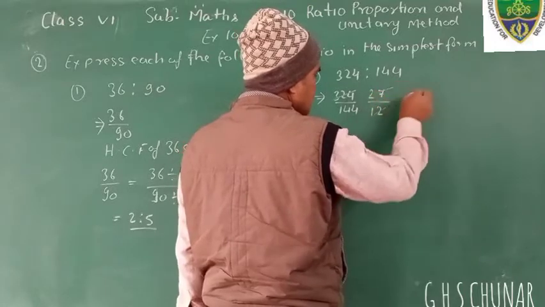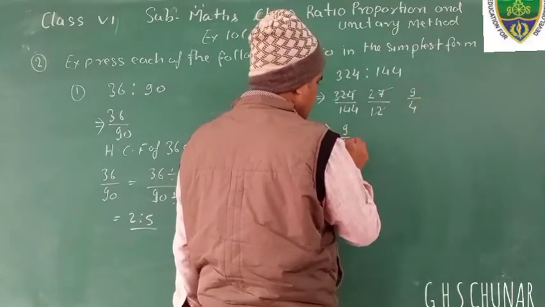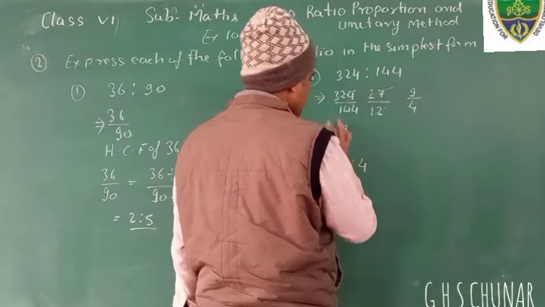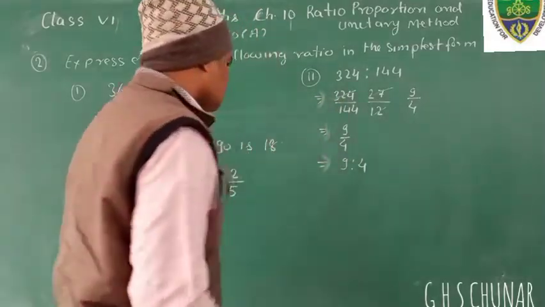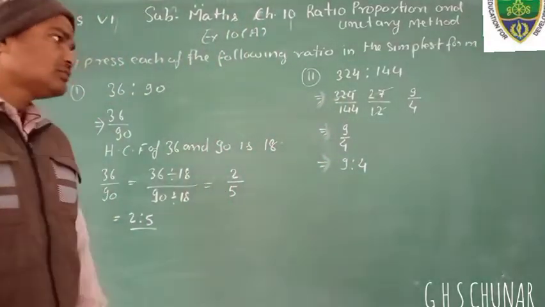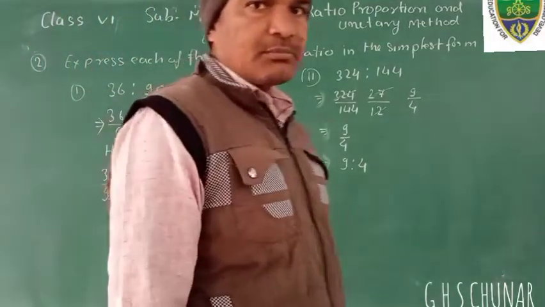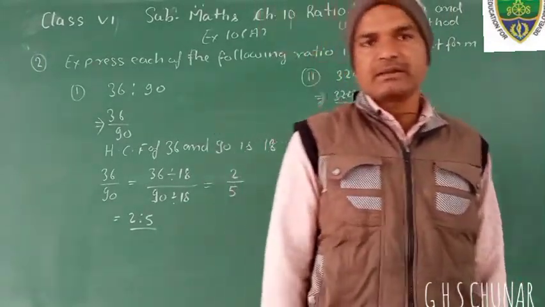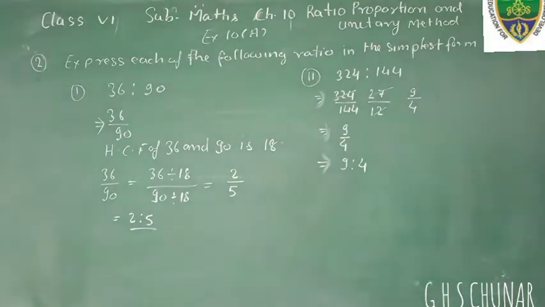Again it is cancelled by 3. That is 9 upon 4, which implies 9 ratio 4. You can write equal here. So to convert a ratio to its simplest form, we will divide by their HCF. Okay? Note it.